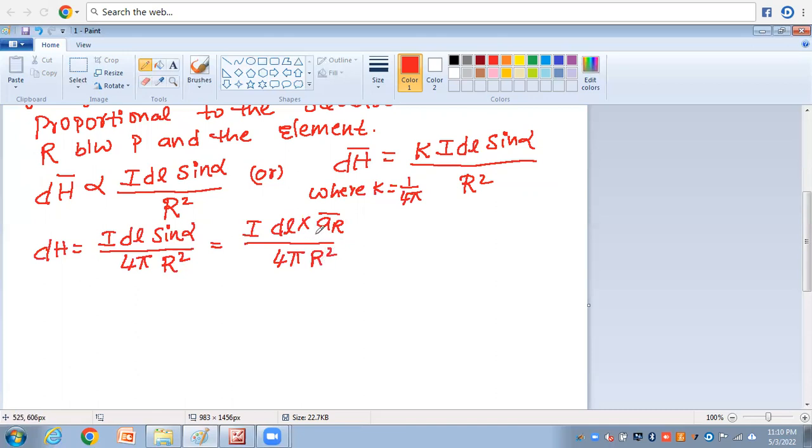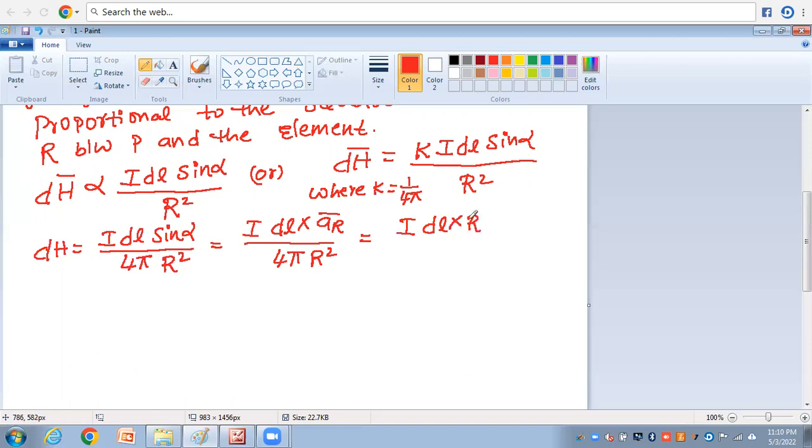For example, I may write dl as it is, and aR bar is a unit vector whose modulus is 1, then the angle gives sine alpha. Now I will extend this expression I dl, where aR bar means r bar by r, the unit vector.